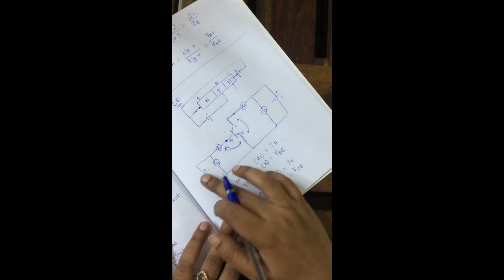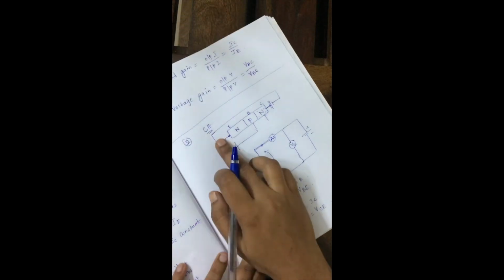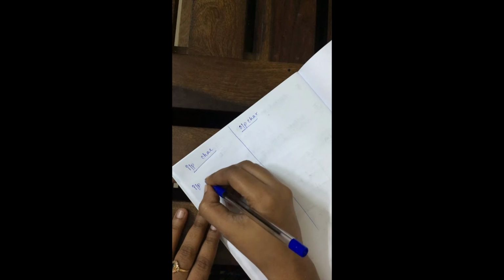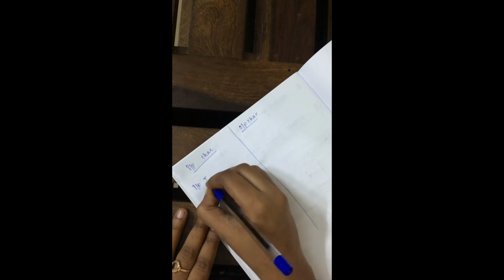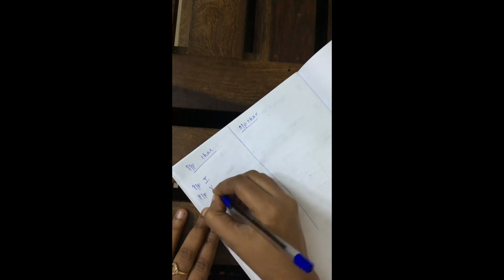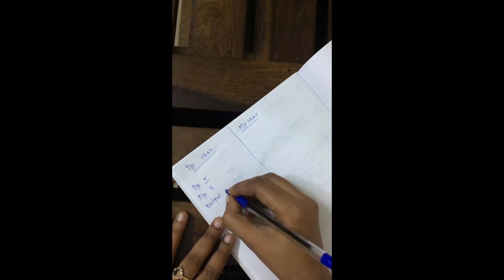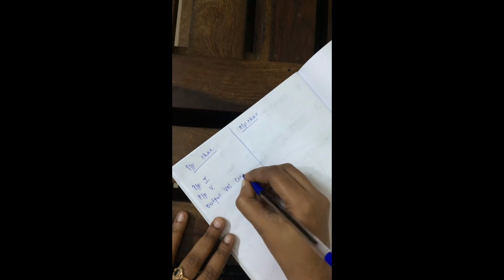Okay. So this is how we are connecting a battery for common emitter configuration, and these are the input voltage and output voltage. Similarly, let's check for input characteristics and output characteristics. So for input characteristics you need to plot a graph of input current against input voltage by keeping the output voltage constant.